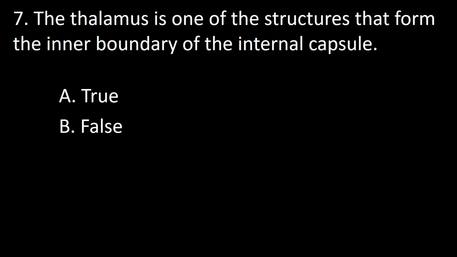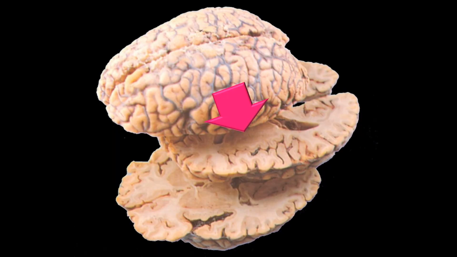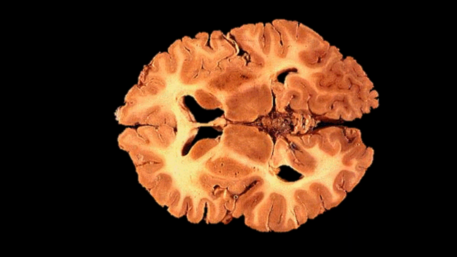The next question is, the thalamus is one of the structures that form the inner boundary of the internal capsule. A true, B false. If we select the transverse cut indicated by the arrow, we would see this view.